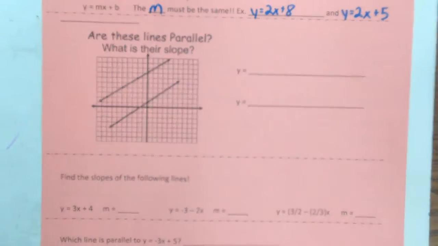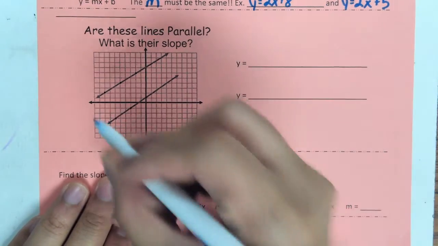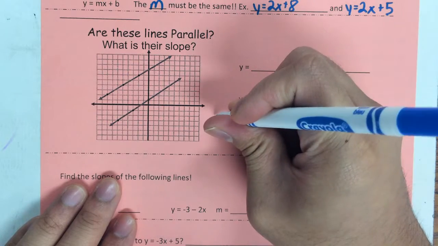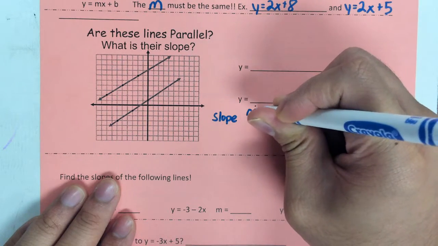Okay. On a graph, here's how we can check for parallel slopes. Slope is also referred to as rise over run.